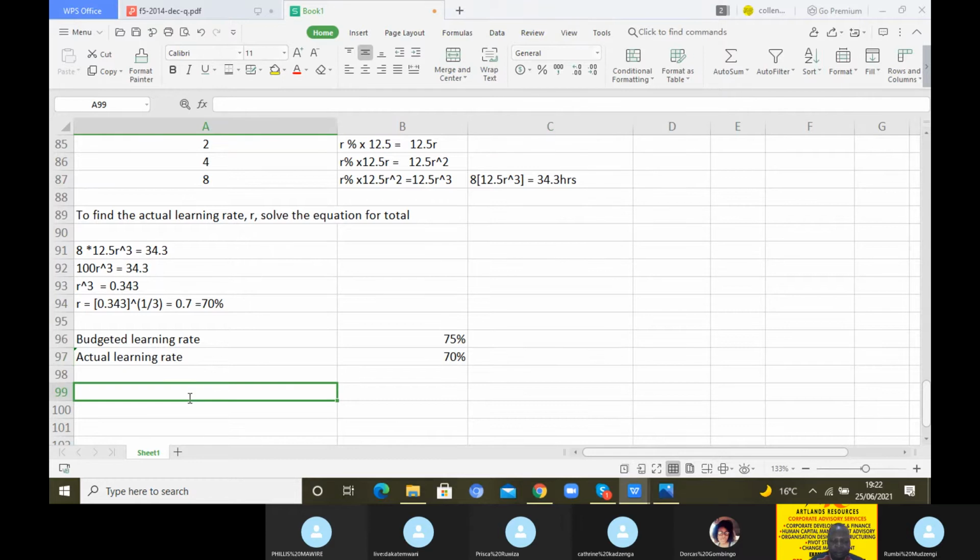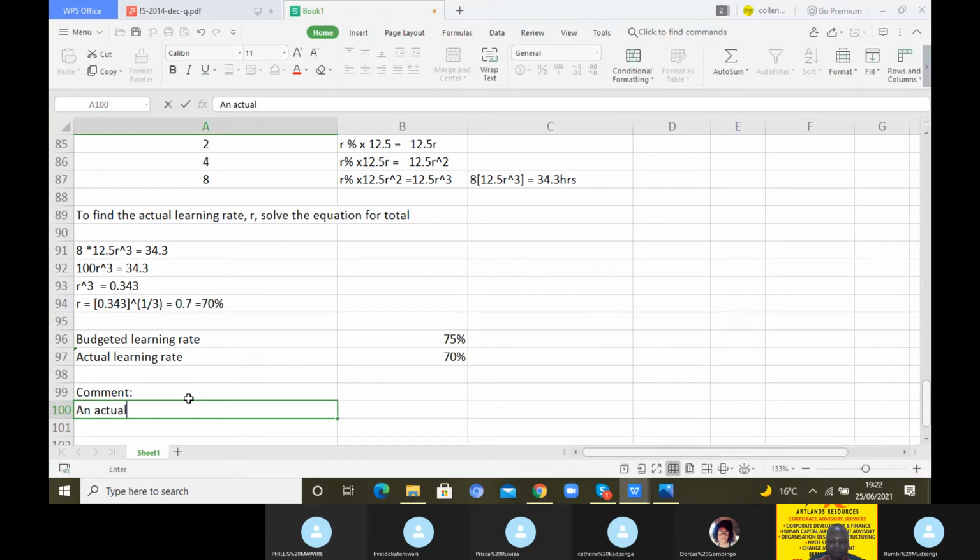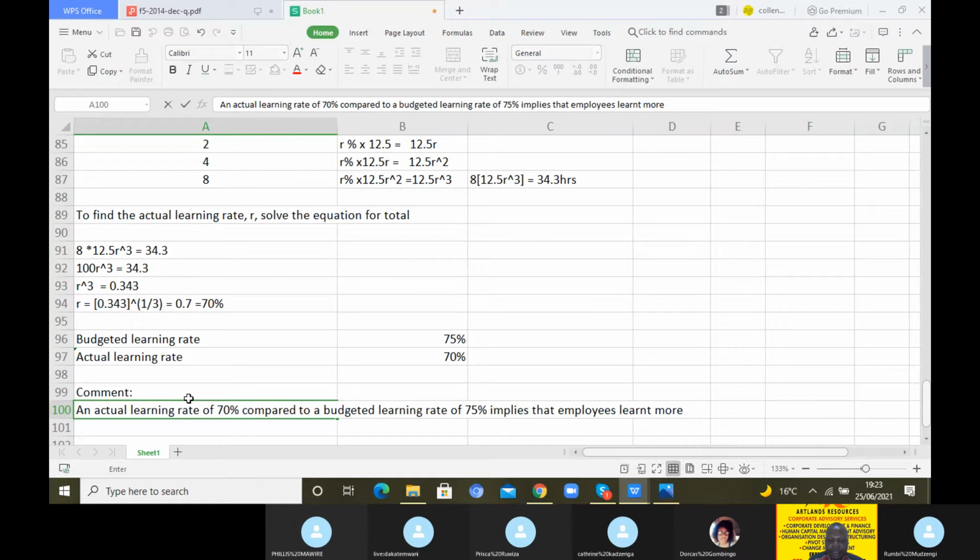You say comment: an actual learning rate of 70% compared to a budgeted learning rate of 75% implies that employees learned more quickly.